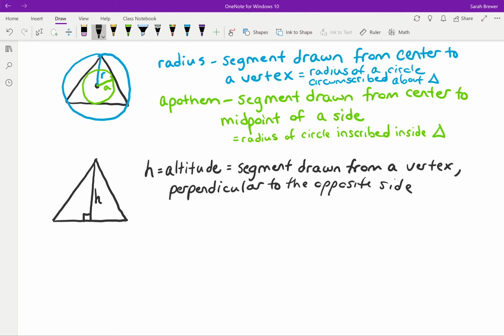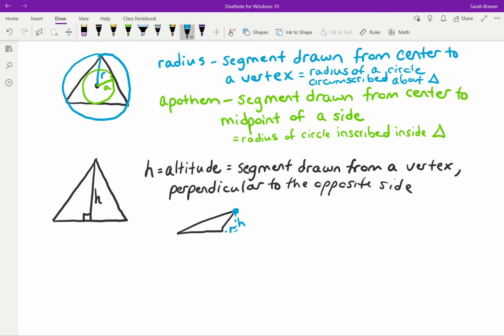Even if I have a triangle that's not an equilateral triangle, say something like this, if I wanted to draw a segment perpendicular to the side opposite that vertex, I would have to draw it outside the triangle, and that would be my altitude.